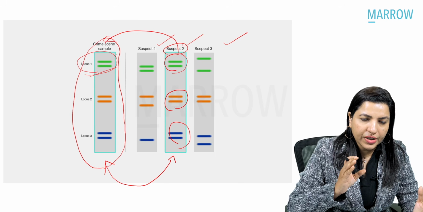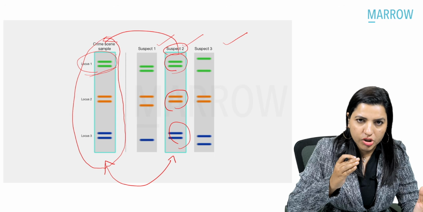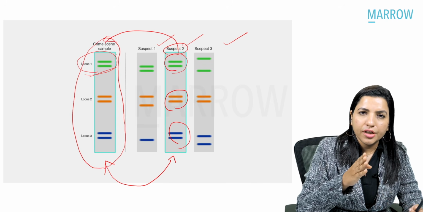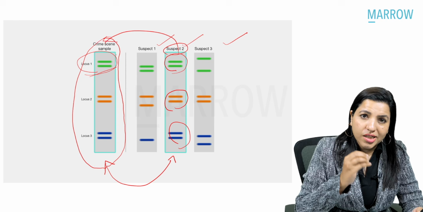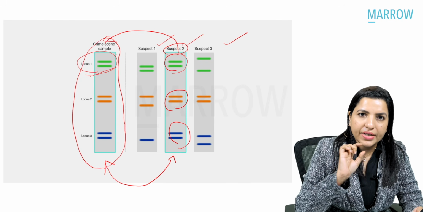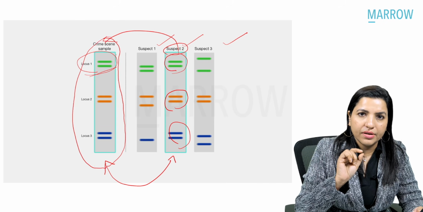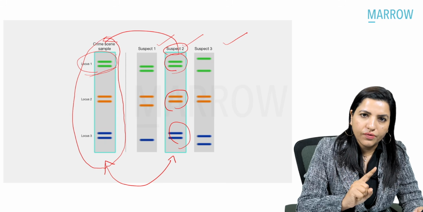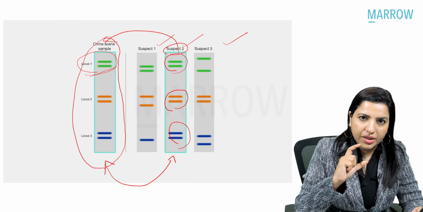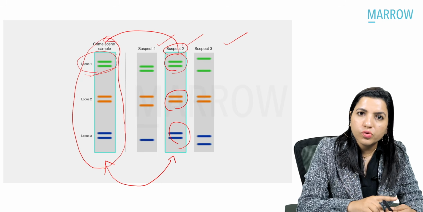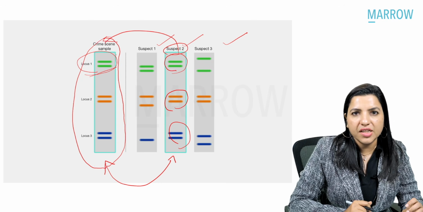We do DNA fingerprinting of the child, the mother, and the suspected father. If there is any band seen only in the father and in the child, it means the person we are suspecting is the true, biological father of that child. So this is called DNA fingerprinting.